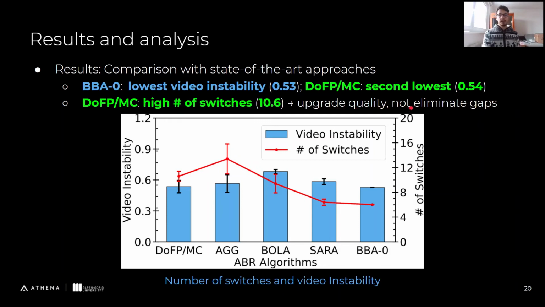But the point here is that DFPMC does not try to eliminate the gaps, but rather to upgrade the quality, which means that we can have a high number of switches, but with a low amount of video instability, it means that the switches are not of such high value.